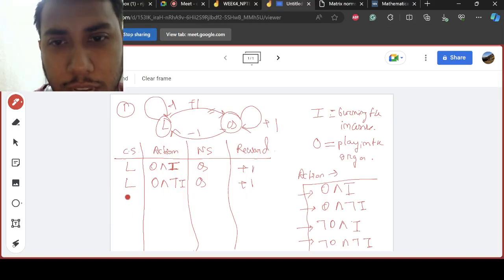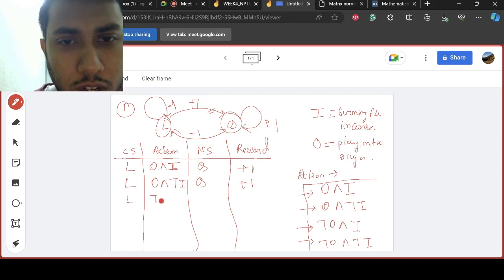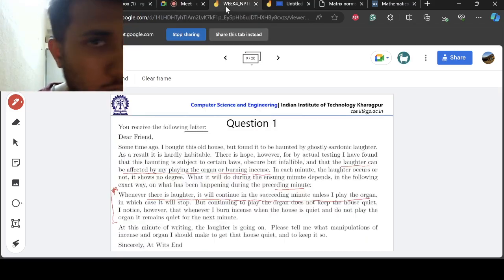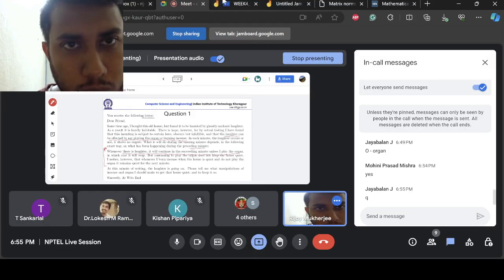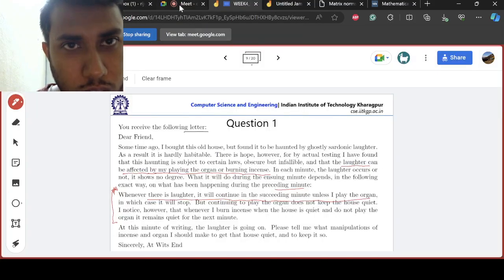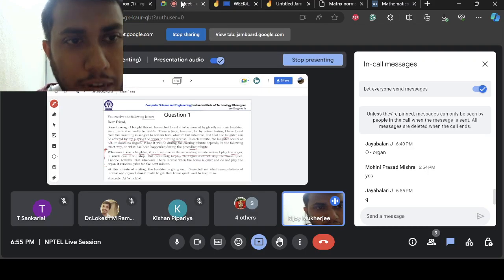Let's come to the next one. The current state is L, and you are not playing the organ, but burning the incense. What will it be? Why would it go to the Q state?